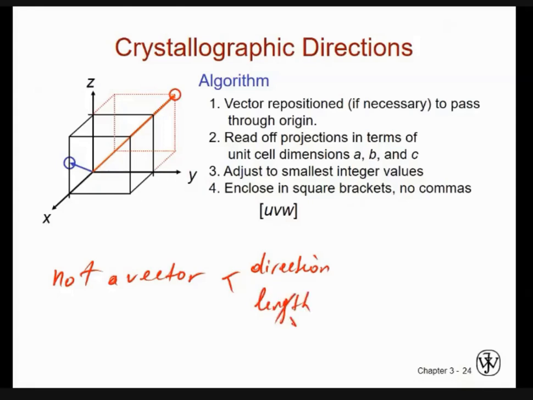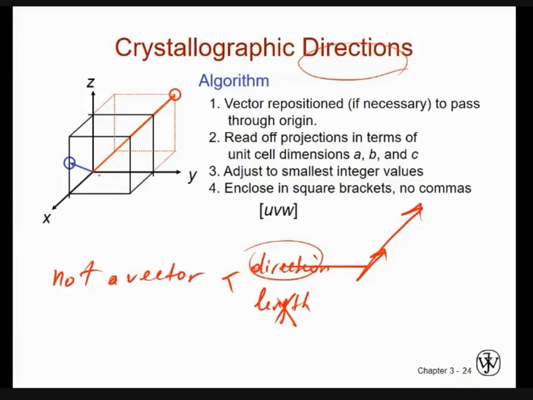Here, when we are working with directions, we only need to know what direction this is. We don't care about the length. So this vector will be equal to this in material science because we have an infinite amount of cubes. So what we need to find is which point it takes us to, not the length.